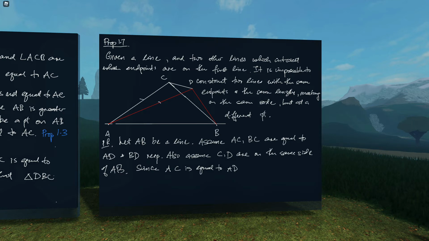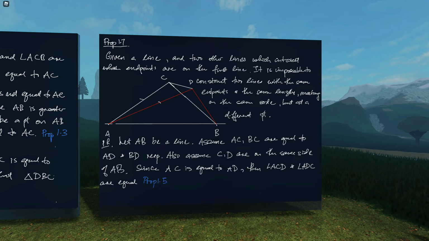So now we have an isosceles triangle there, so we can conclude that the base angles, angle ACD and angle ADC, are equal. We've met this in proposition 1.5.